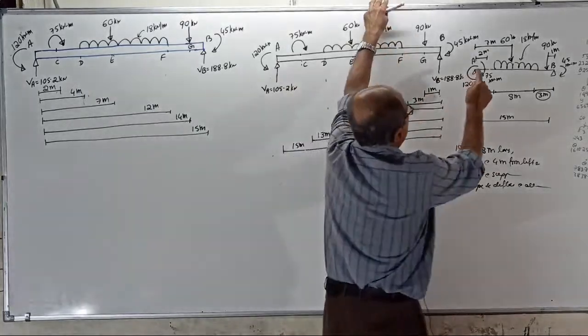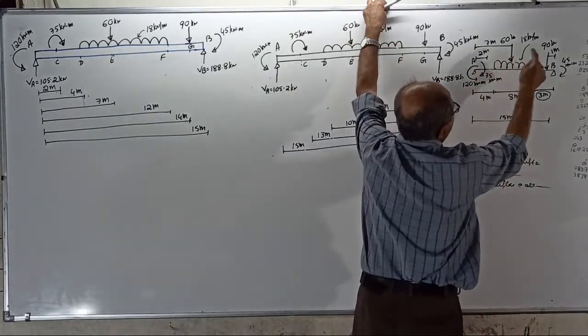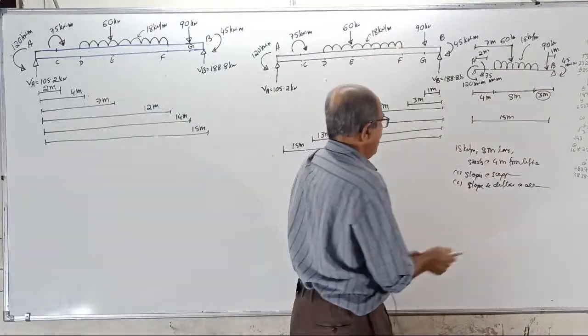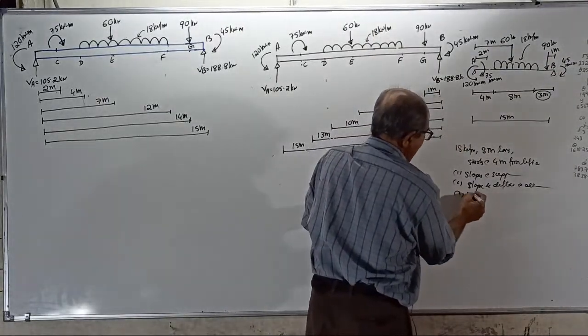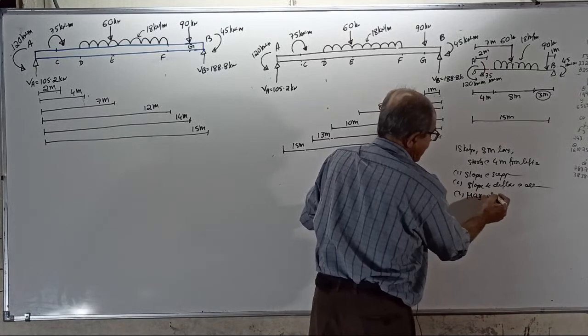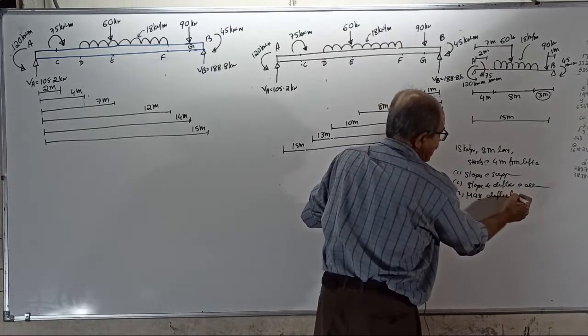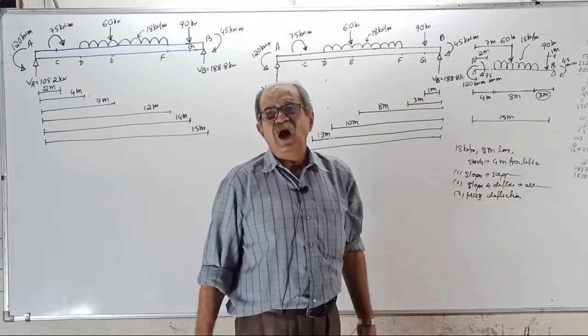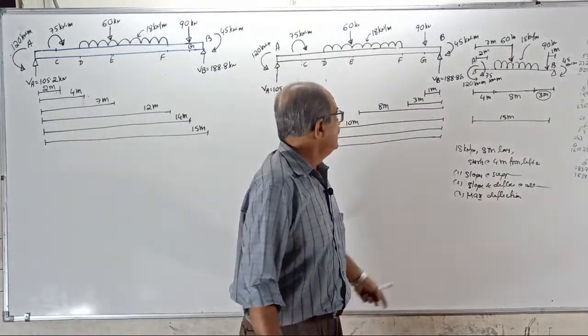That means here, here, here, here, and here. And lastly, third, maximum deflection. Remember, after I explain all the concept, first and second part, you have to do it. This is the question.